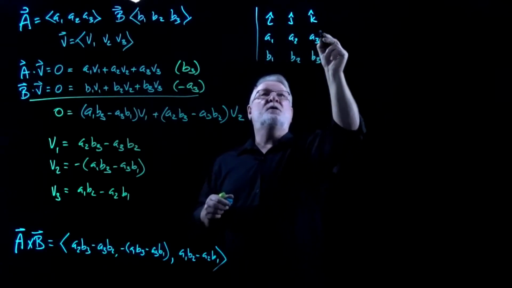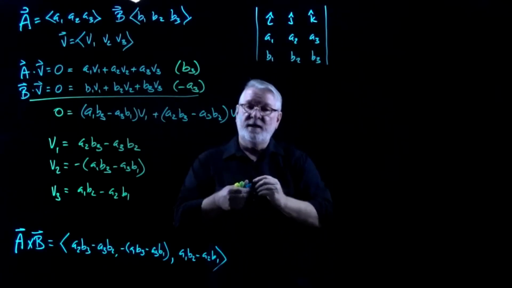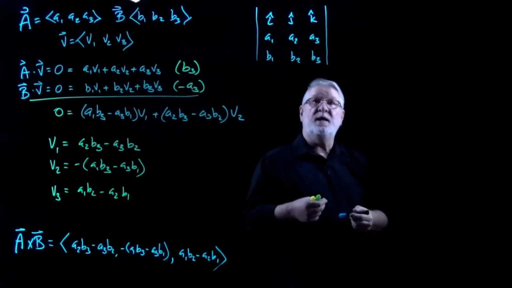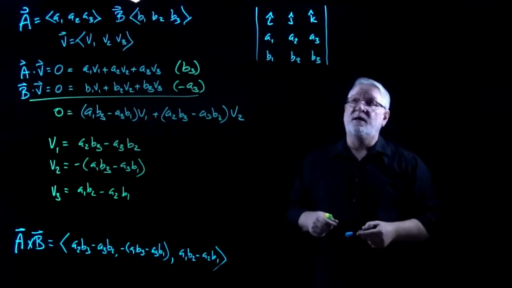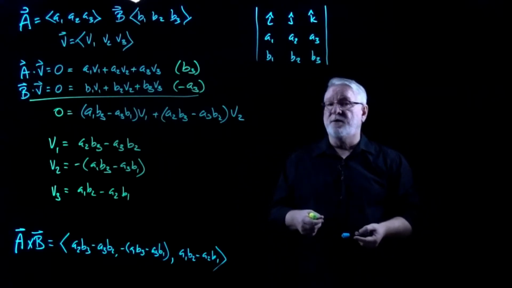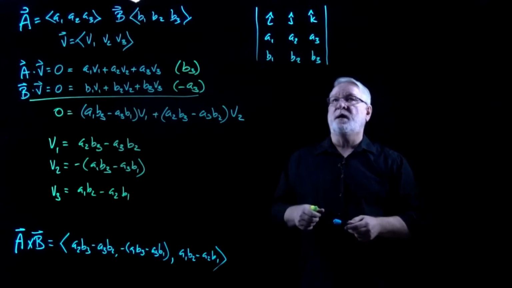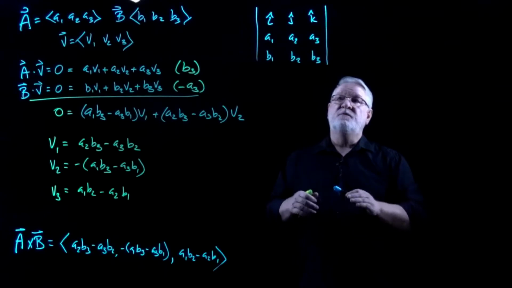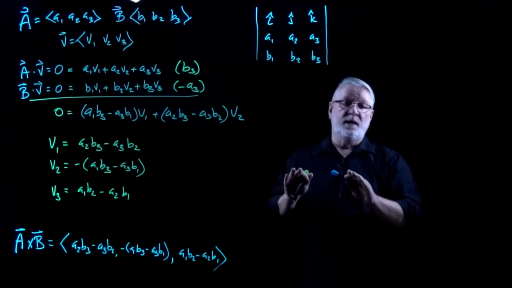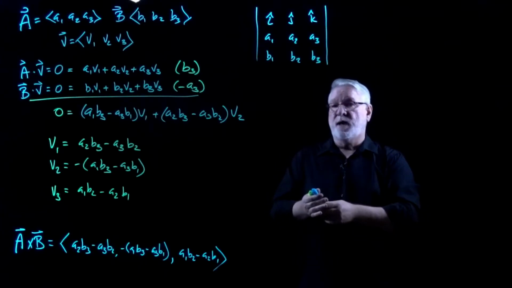And then we'll draw vertical lines around both sides. Later on, we'll talk about what this actually is. We're actually going to find the determinant of this 3x3 matrix. But we'll save that for later in the course when we really look at linear algebra. For right now, all we're interested in is borrowing this as a nice mnemonic device.